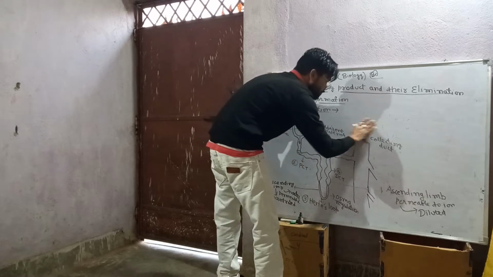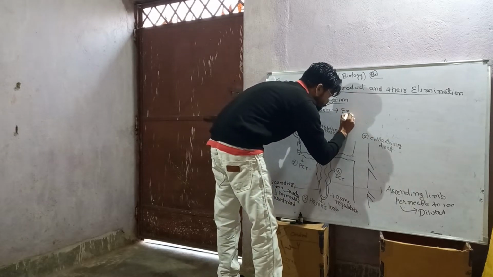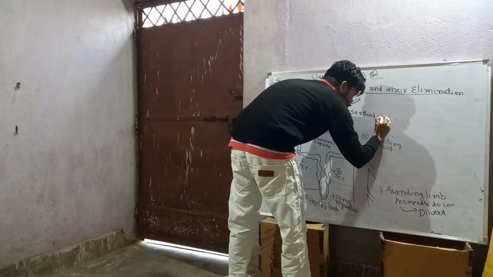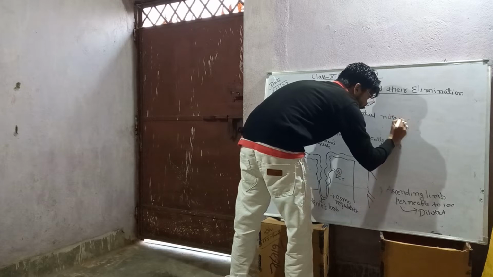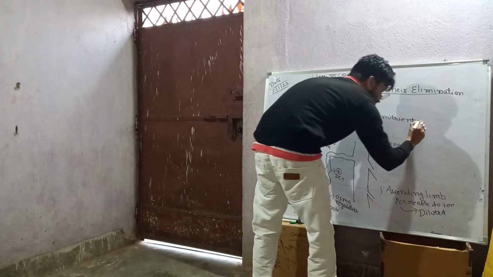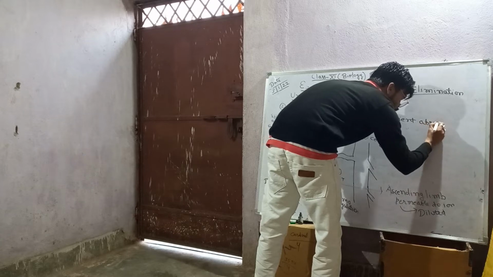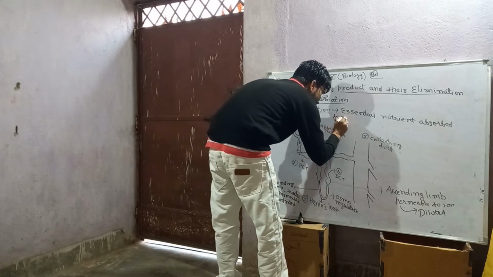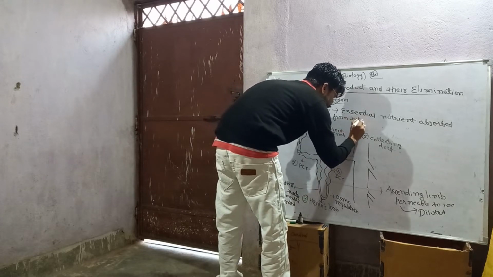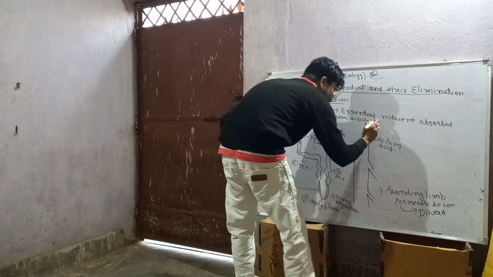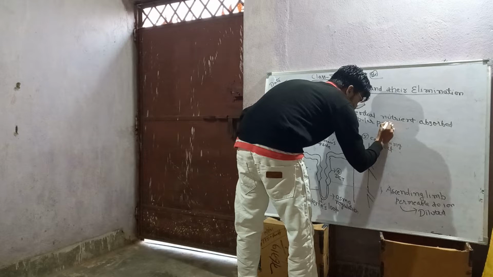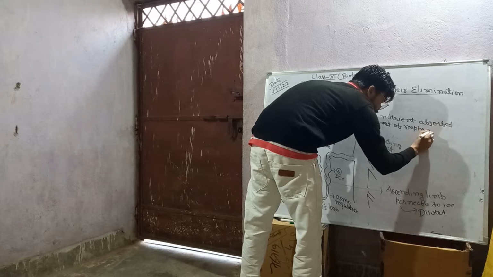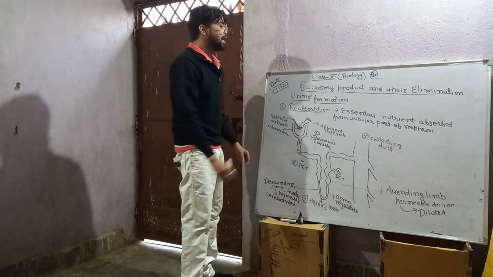So I am writing it: essential nutrients absorbed from the tubular part of the nephron, and this process is known as reabsorption.